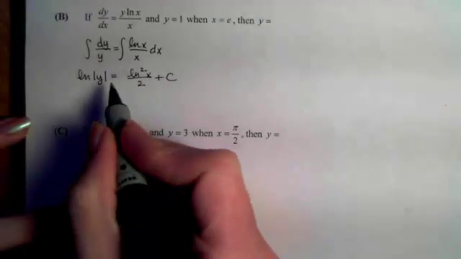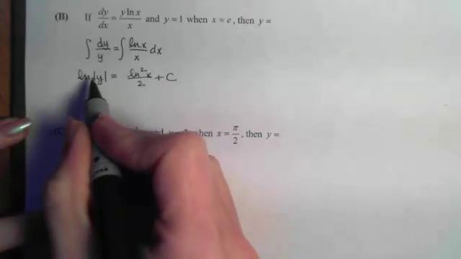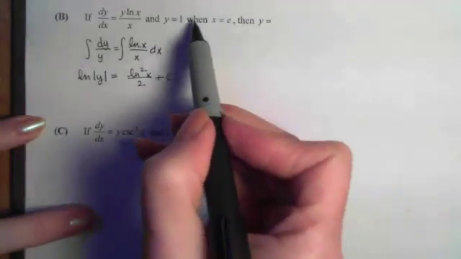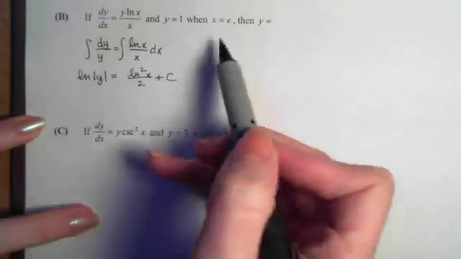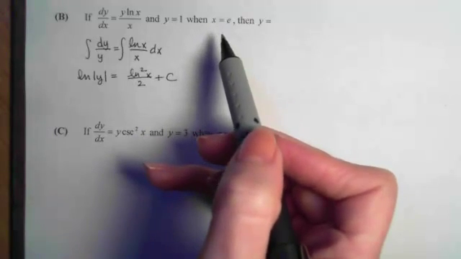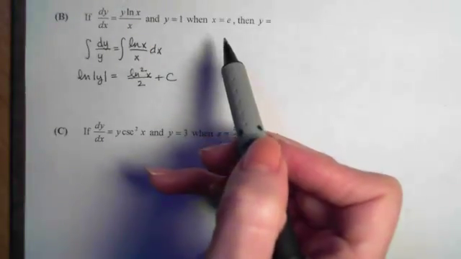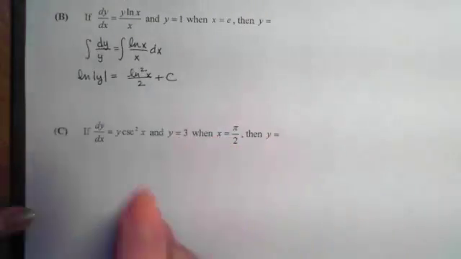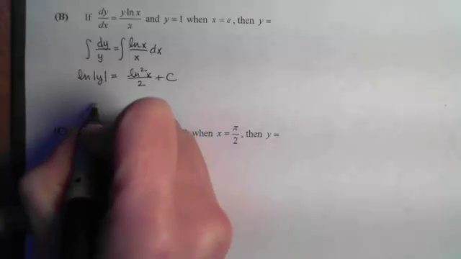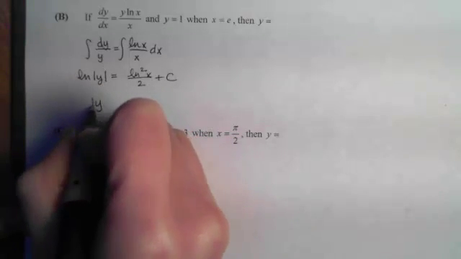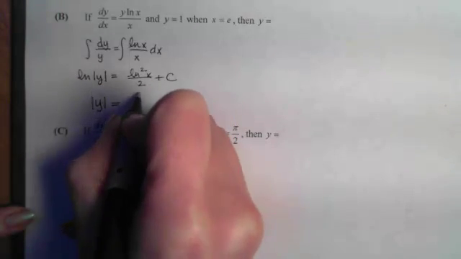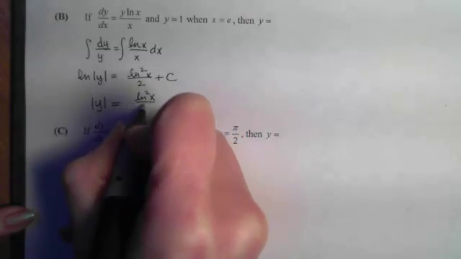So again, I've got a y trapped inside a log, and in this case I've got 1's and e's, so it'll probably work out either way. It wouldn't matter which one you want to do, but because I want to retain that protocol and kind of practice isolating the y first, we'll do that. So first I'm going to isolate the y by raising both sides as exponents of e.